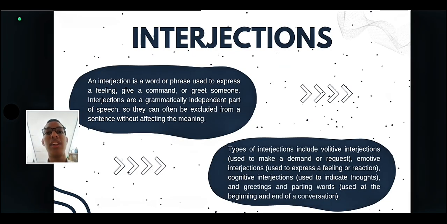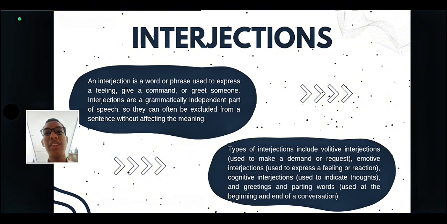Interjections. An interjection is a word or phrase used to express a feeling, give a command, or greet someone. Interjections are a grammatically independent part of speech, so they can often be excluded from a sentence without affecting the meaning.